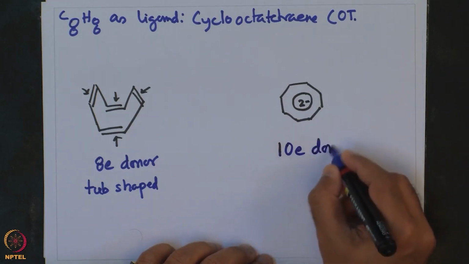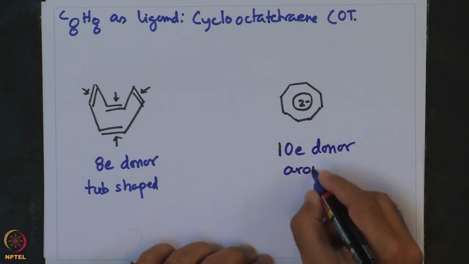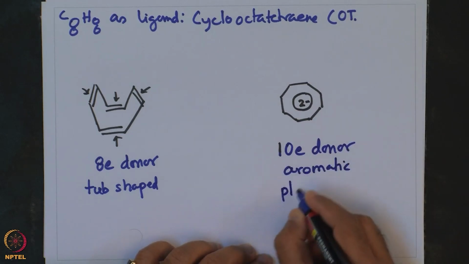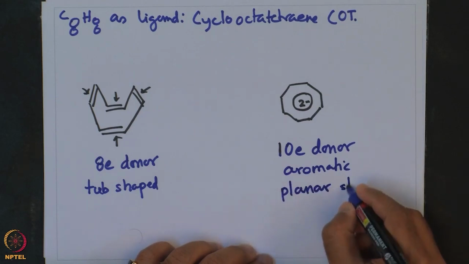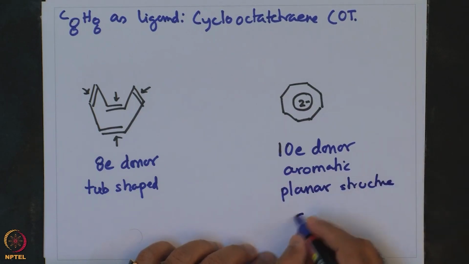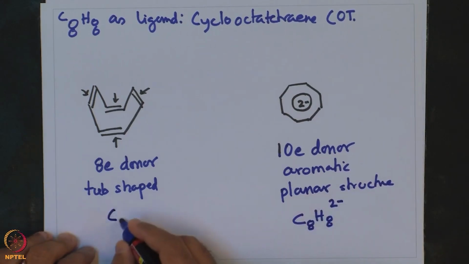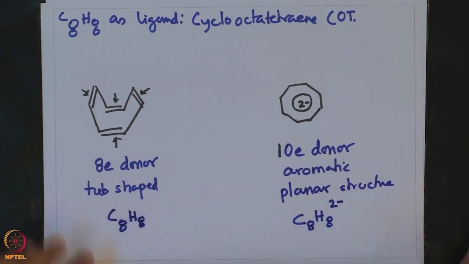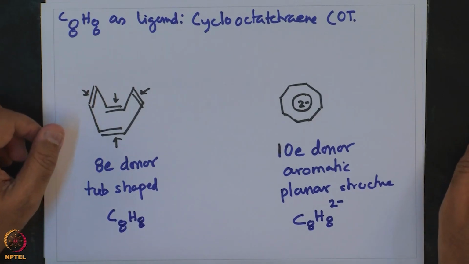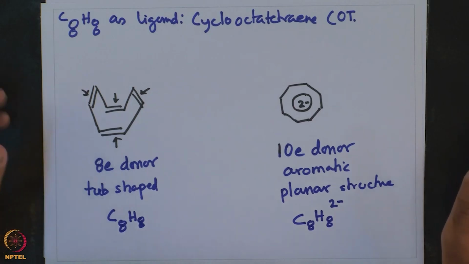So, it is an aromatic planar structure, and the stoichiometry is C8H8 2 minus, whereas for the other one it is C8H8. So, the C8H8 ligand can exist in two binding modes. One can be tub shaped, where it behaves like a tetraene with 4 double bonds, and the other can be a planar structure where it has 10 electrons and is in a dianionic state.